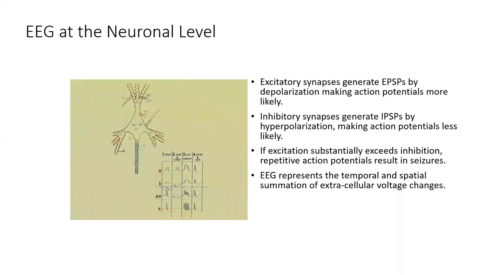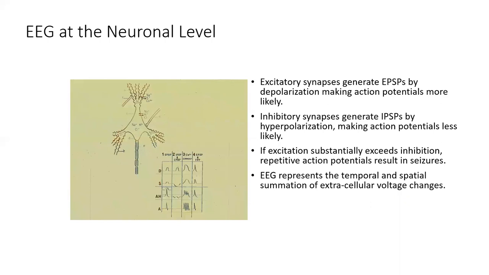At the postsynaptic membrane, a neurotransmitter induces a change in transmembrane potential, and this results in 2 different types of postsynaptic potentials. We have excitatory postsynaptic potentials, where we get a local reduction in transmembrane potential, or a depolarization, and this typically occurs at the dendrite of the neuron.